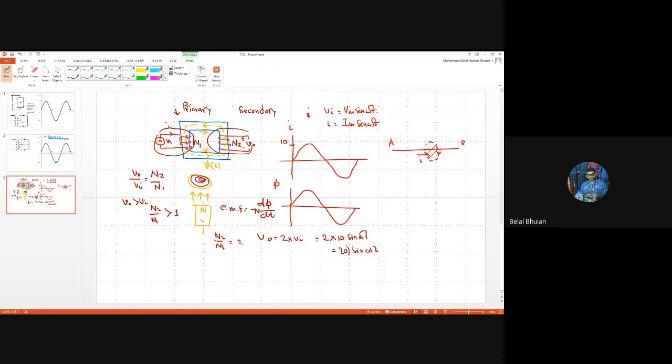So the amplitude for V0 is twice as much as the amplitude for Vi. If you have higher voltage in the secondary, it is called a step up transformer. And if you have a lower voltage at the secondary, it's a step down transformer.